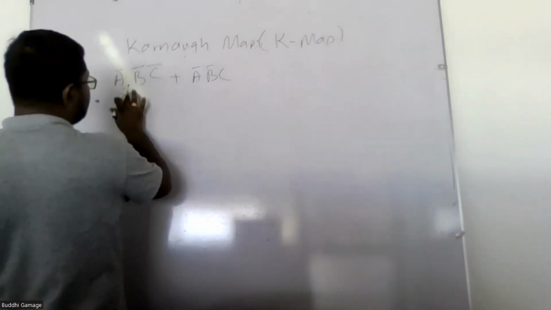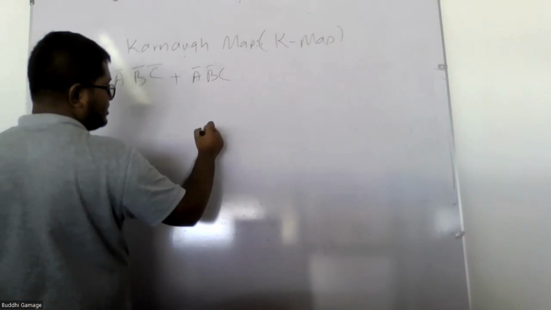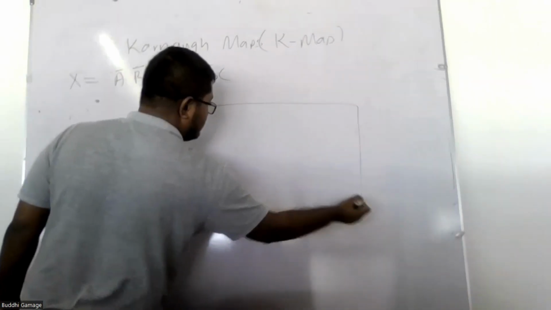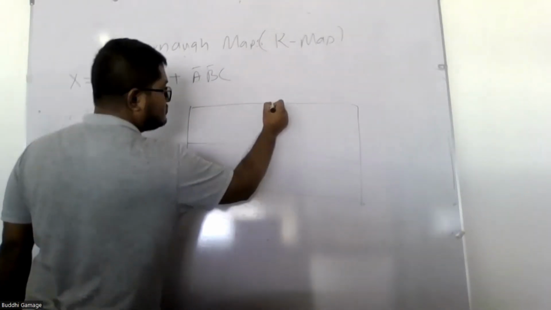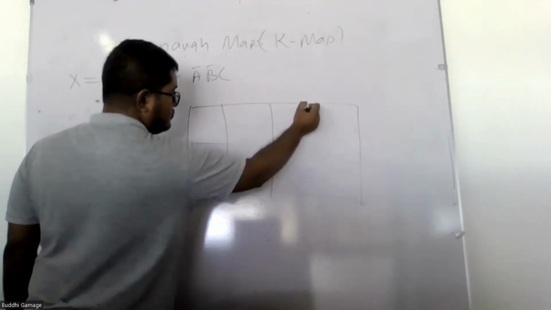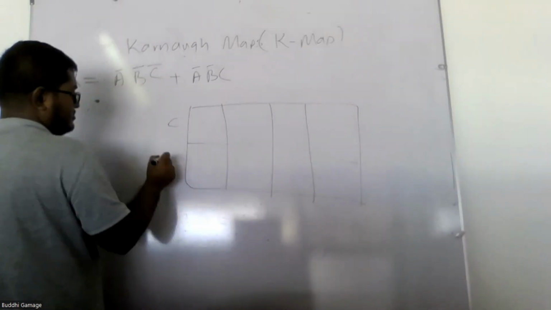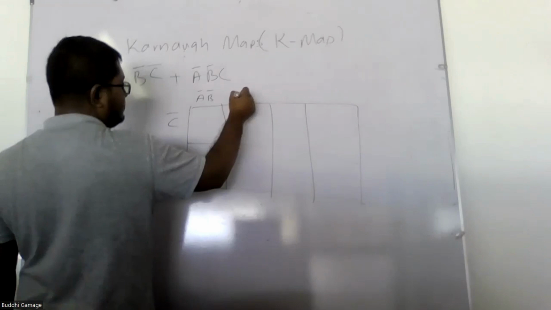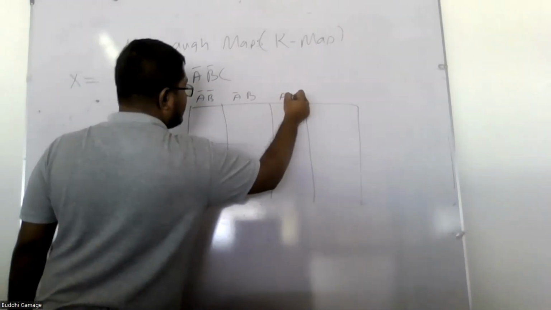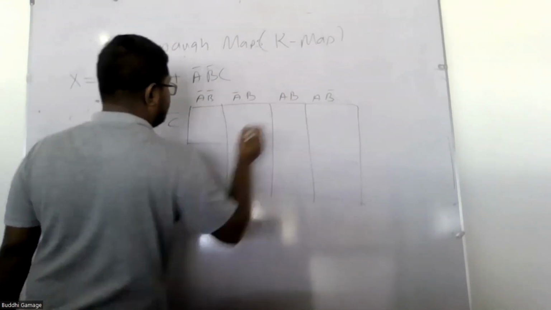So how do we do it? There are three variables, so this is eight, and we need a map of 8. So we say C bar, C, B bar, B, A, B, A, B bar.